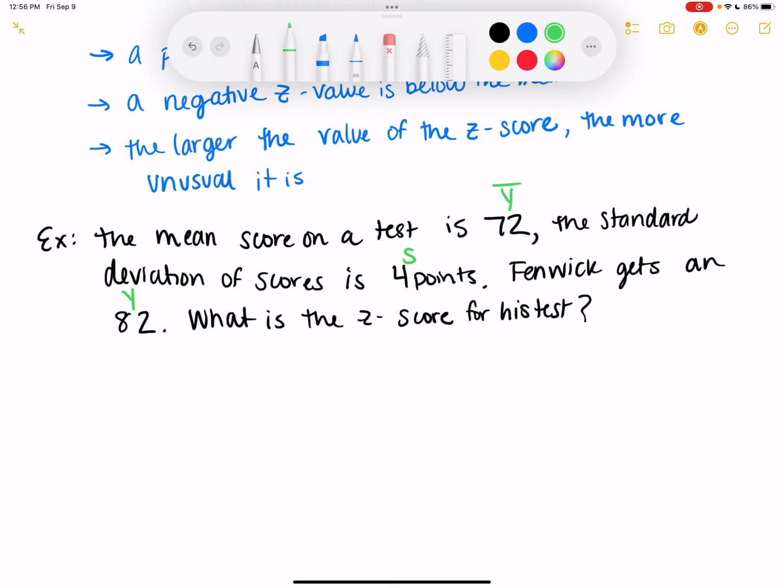So we would use the formula and plug stuff in. z is equal to y, which is 82, minus y bar, which is 72, over s, which is 4, which is going to be 10 over 4, or 2.5.